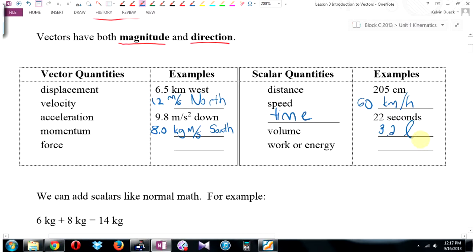You can't have a direction with volume, it just is. It's a magnitude only. Force is a vector. Who remembers the units for force? Newtons. So let's say 12 newtons at 30 degrees south of west.